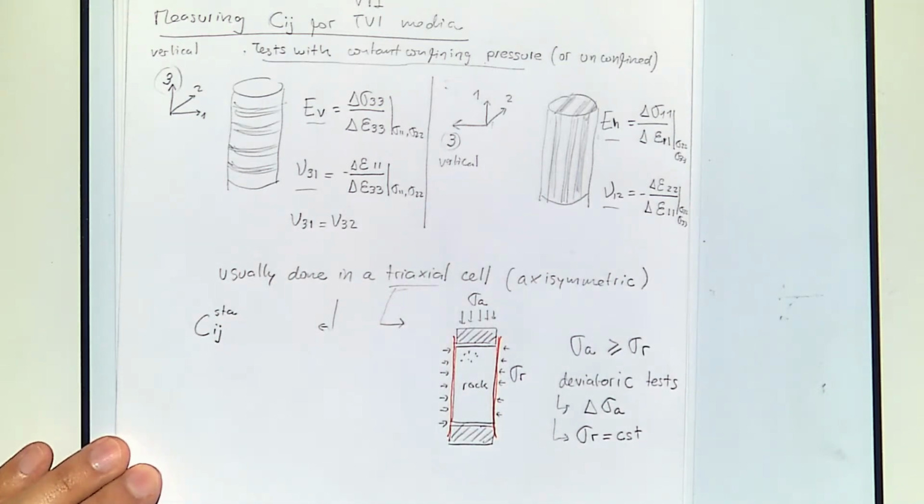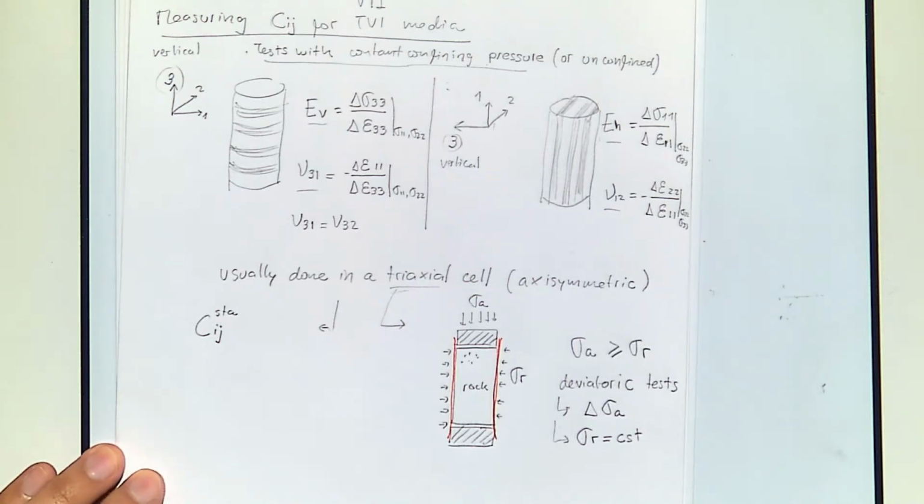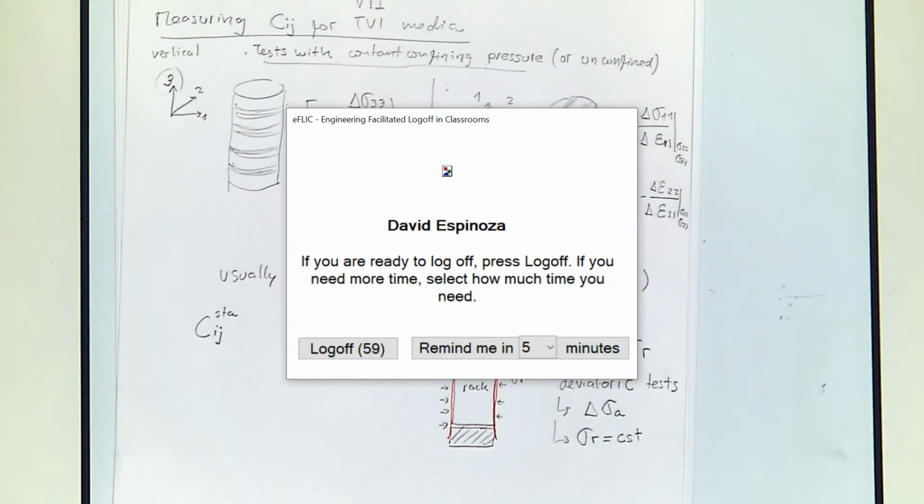Because we have done this using a triaxial cell with large deformations and relatively small strain rates. It's not like the one of a wave. Okay, our objective now is going to be to measure this Cij, but with waves.